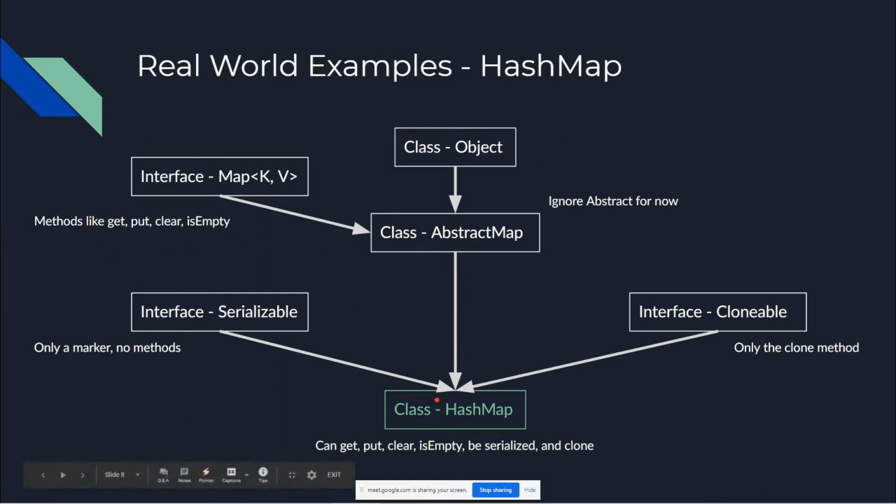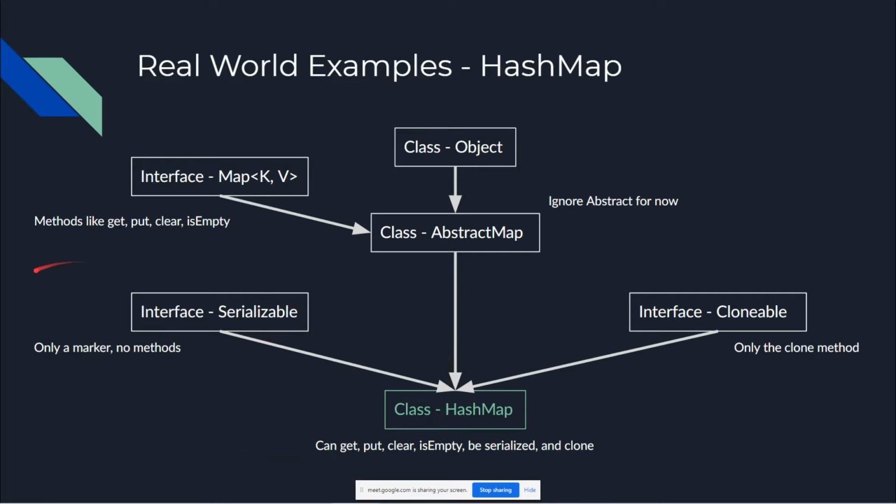So then the hash map class inherits from abstract map and therefore also implements this map interface. Because if the parent implements the interface, then the child also implements the interface. So the hash map also has the get, put, clear, isEmpty methods.